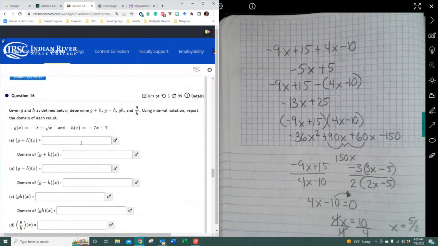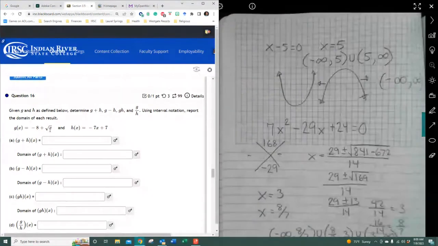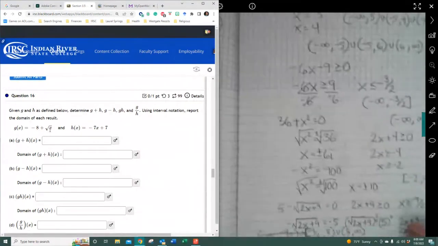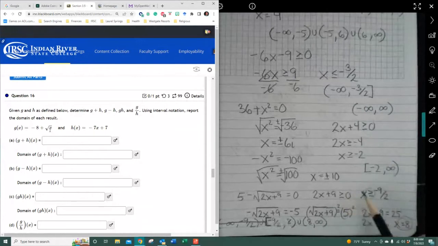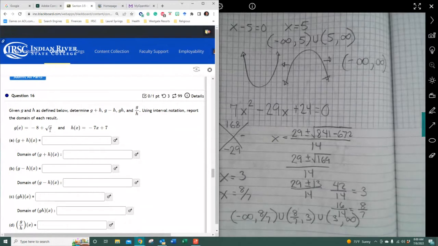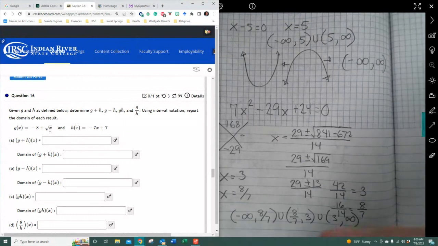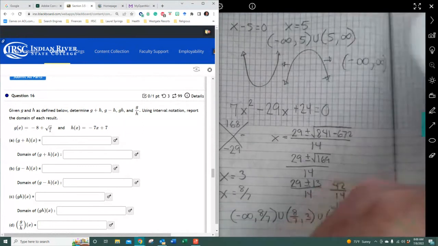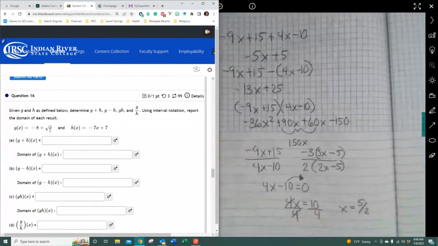All right, now you've got to think about the restrictions. Here's a restriction, where you have a situation like we had over here, where we needed to concentrate on and throw out values involving radicals that are not greater than or equal to 0. Okay, got to think about things.